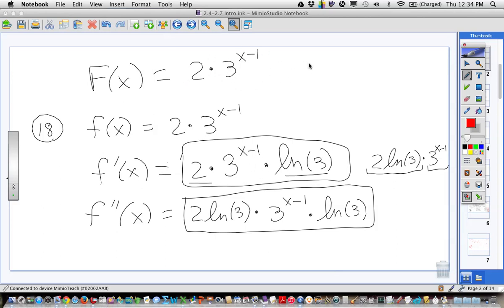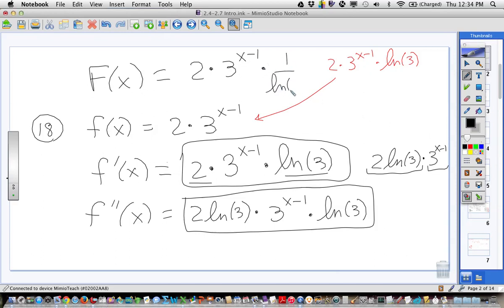The derivative would be the 2 would hang out there. The 3 to the x minus 1 would be there. And then I'd have to tack on this ln3. And I look at that and I say, well, is that what I got? No. I got this extra ln3. So there must have been something on here that made that ln3 not be there. Well, what was it? A 1 over ln3.